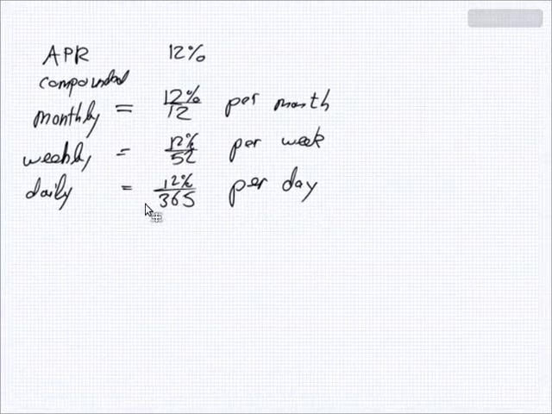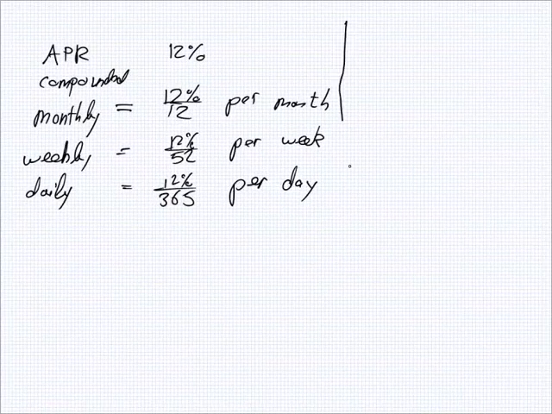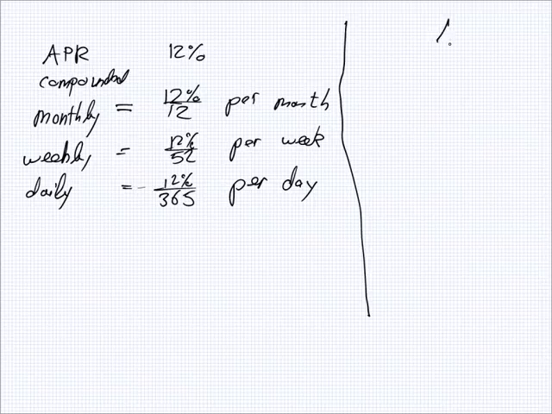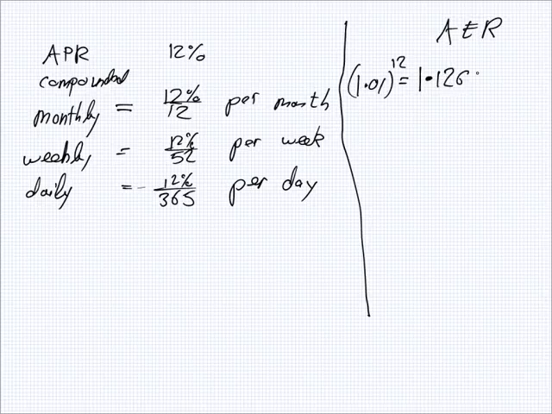So what I would like you to try and do for me is to change these into AER. Now I'll just put the first one in. It's 12% per month, so that's 1.01 power 12. What's that? 1.1268.